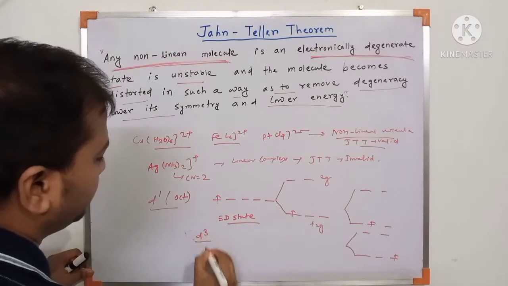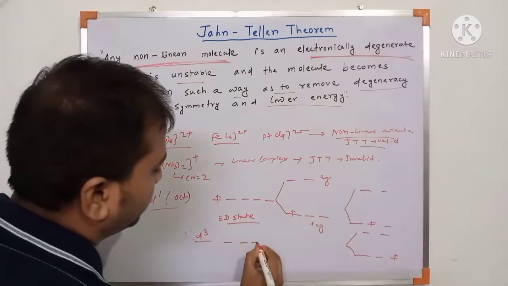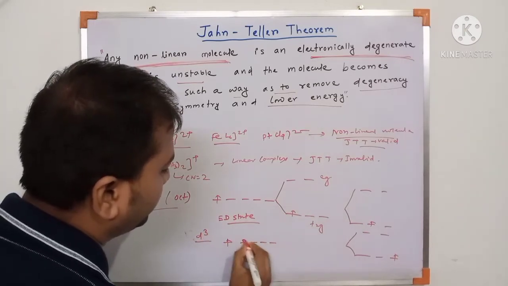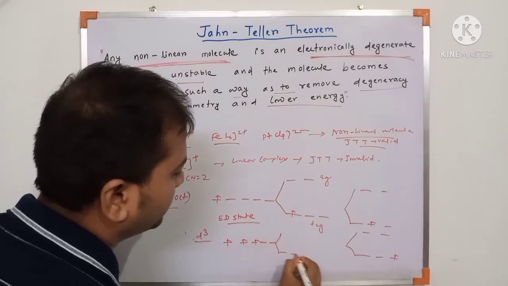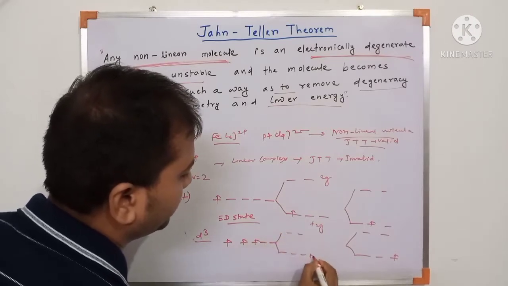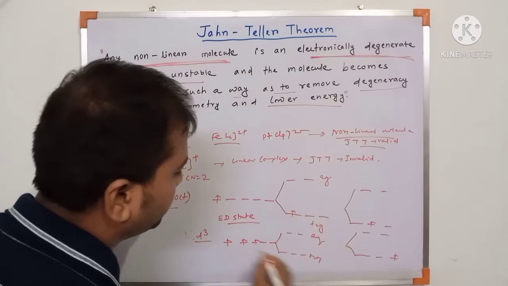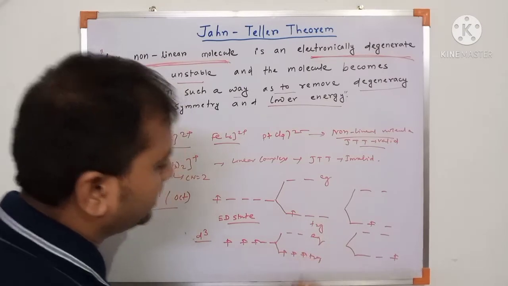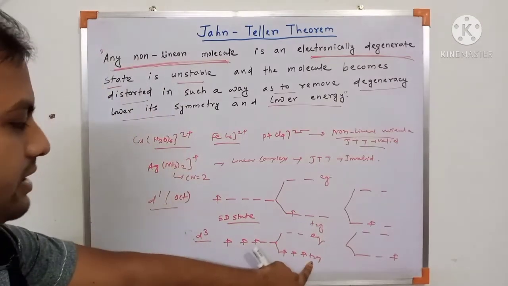Some examples are d3. In the case of d3, the d orbitals are split into t2g and eg, and t2g has 3 electrons, 1, 2, 3. There is no degenerate state.